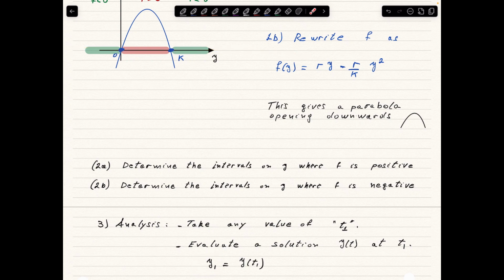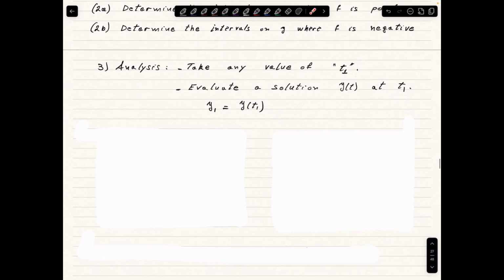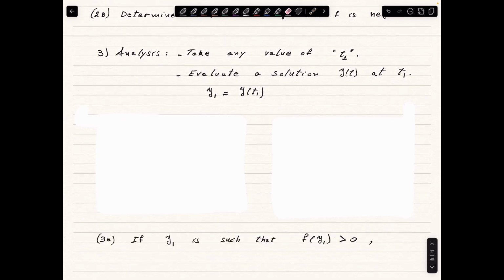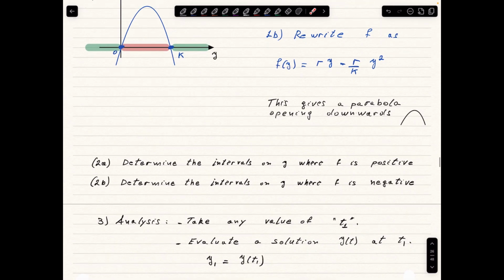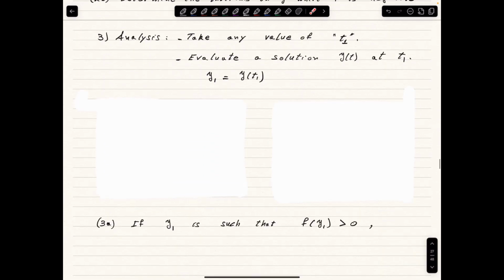Okay, so suppose that we have chosen a t1 such that the y value is in a region where f is positive. Let's say, for example, it could be here, or it could be here, I don't know, but let's suppose it's in this region. Okay, I have a picture for that.